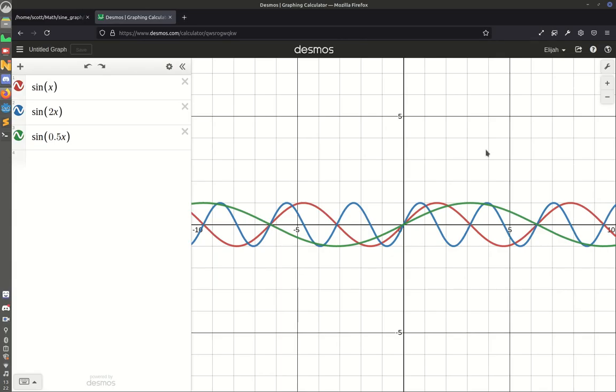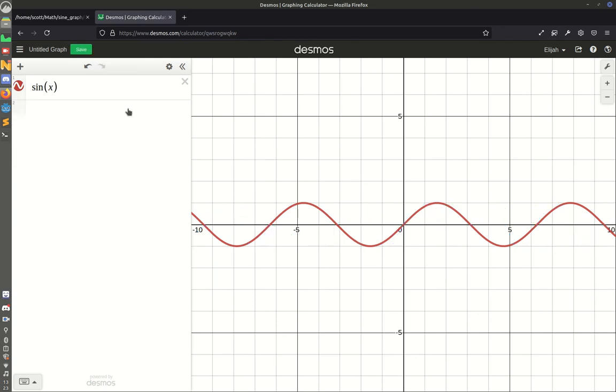Now that we've looked at how multiplying the x inside of sine corresponds to squishing and stretching the graph and how that links into physics and velocity, we need to look at one last transformation. And this transformation is addition inside of our parentheses.